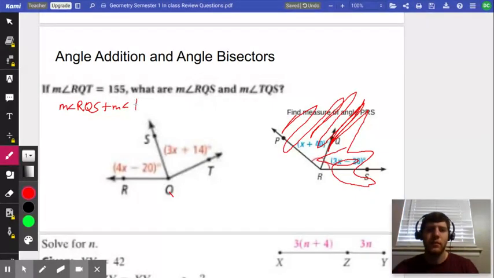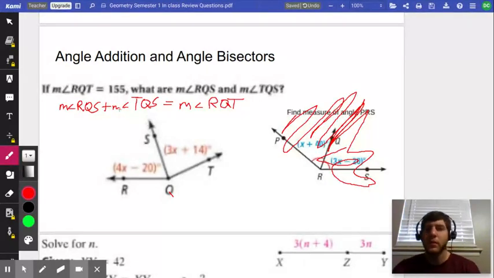It's the same angle. Okay, equals the whole thing, which is the measure of angle RQT.